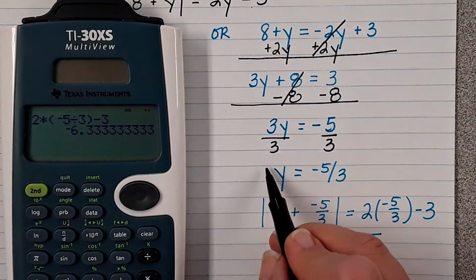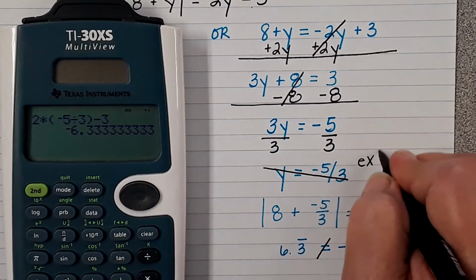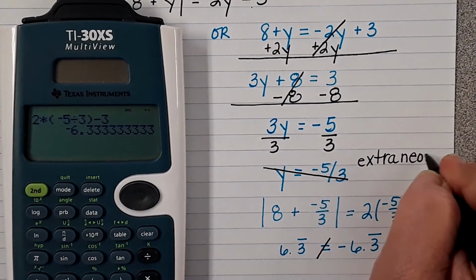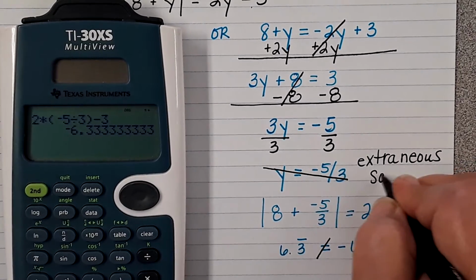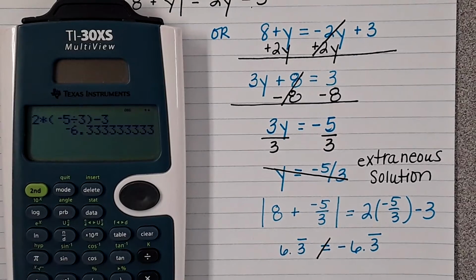No. So that means this answer is actually called an extraneous solution. It looks like a solution, but it is not one. This is why you have to check both answers.